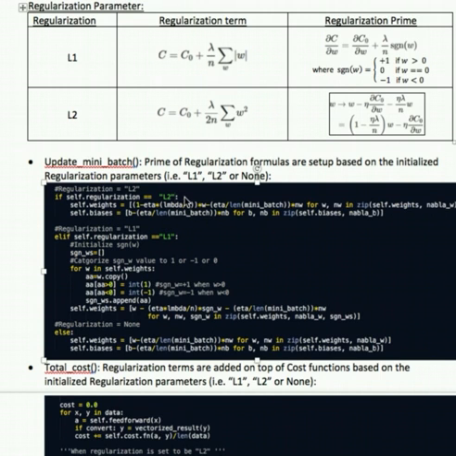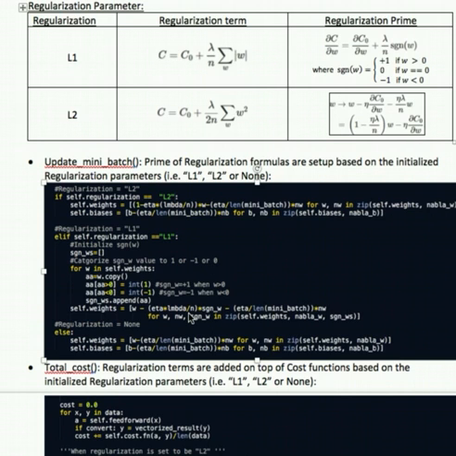If L2 is specified, then this term is used to adjust the weight and the bias as well. And if L1 is specified as the parameter, then we use this to adjust the weight. But for L1, the bias adjustment is ignored.